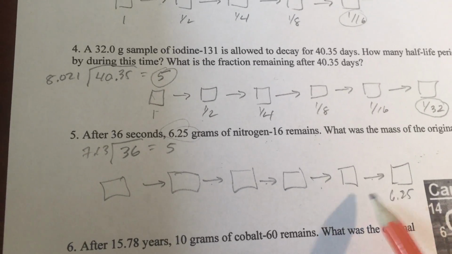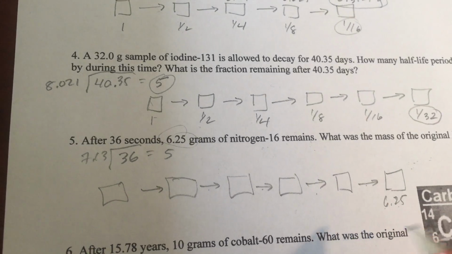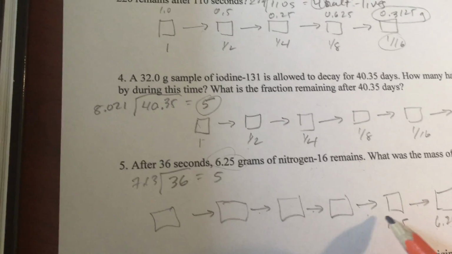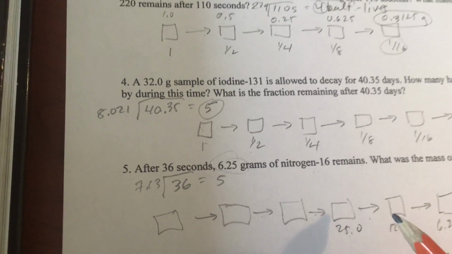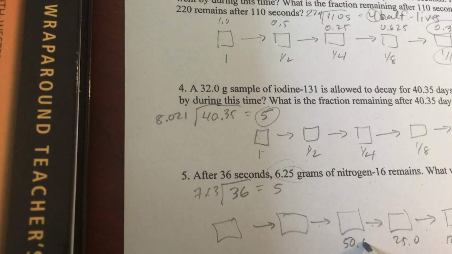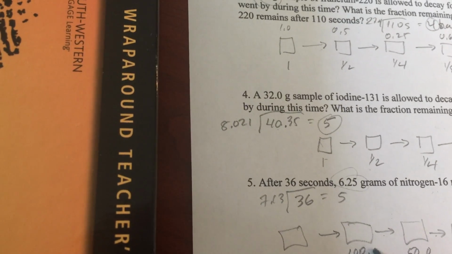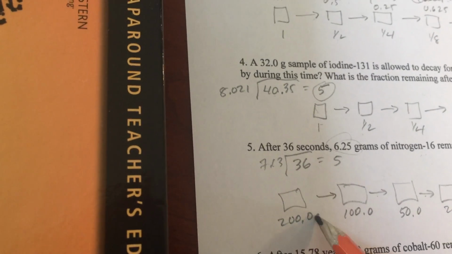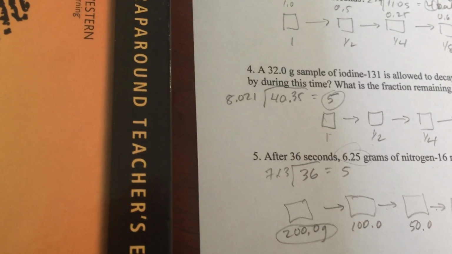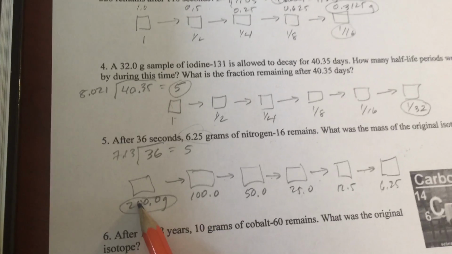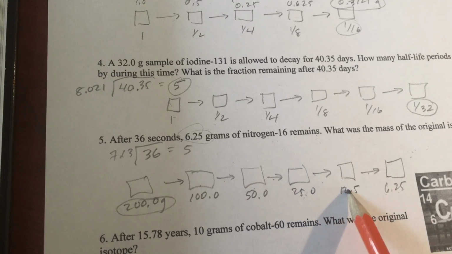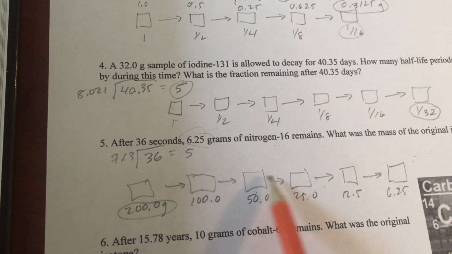So in this case, I just have to double it going back. 6.25 times 2 is 12 and a half. 12 and a half times 2 is 25. 25 times 2 is 50. 50 times 2 is 100. And 100 times 2 is 200. So there I am. What was the mass of the original? 200. So 1 half-life brought it to 100, then to 50, 25, 12 and a half, 6.25. 1, 2, 3, 4, 5.